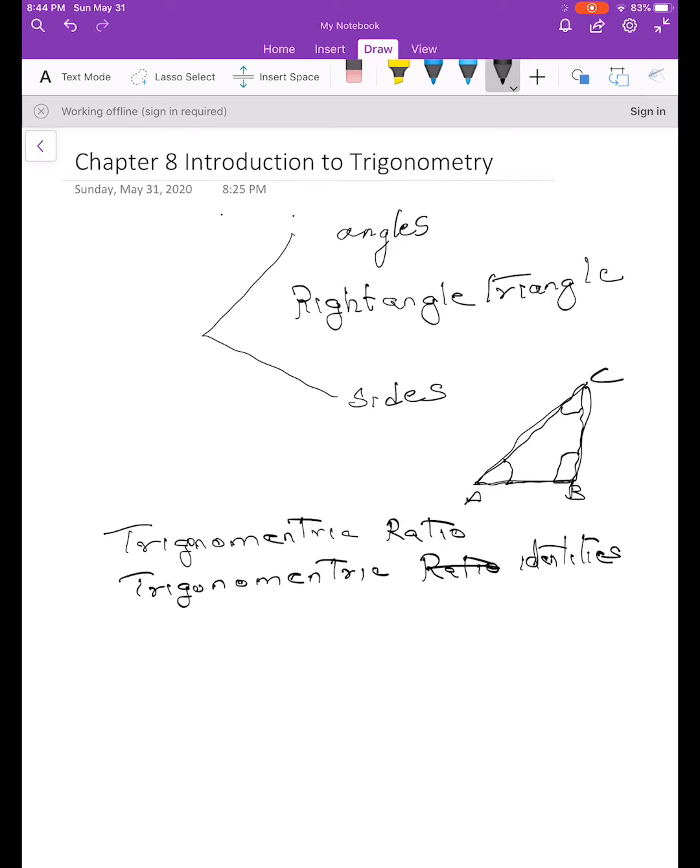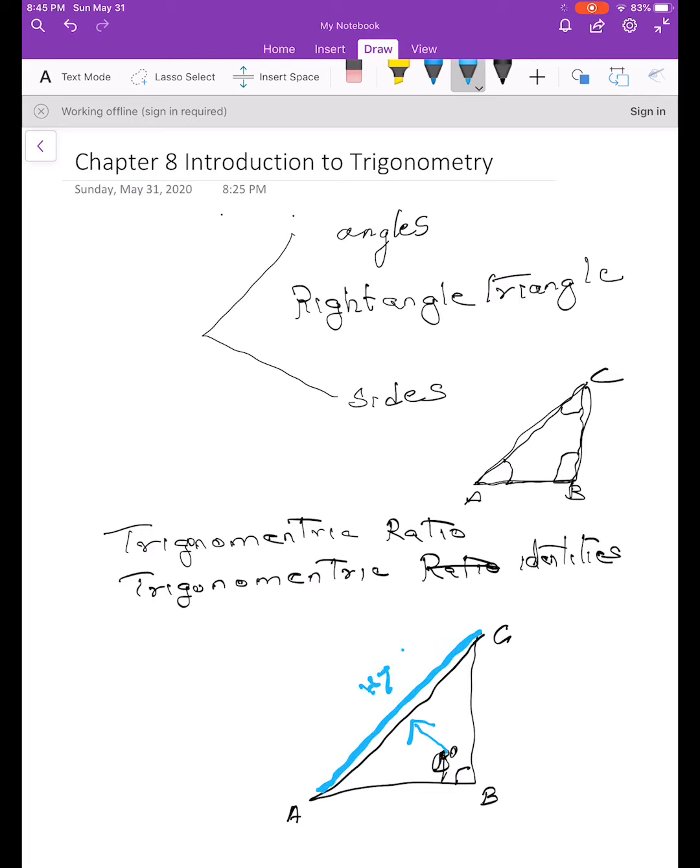Let us consider a triangle ABC, right angled at angle B. The side opposite to 90 degrees, that is the side opposite to B, which is AC, is always called the hypotenuse of the triangle.